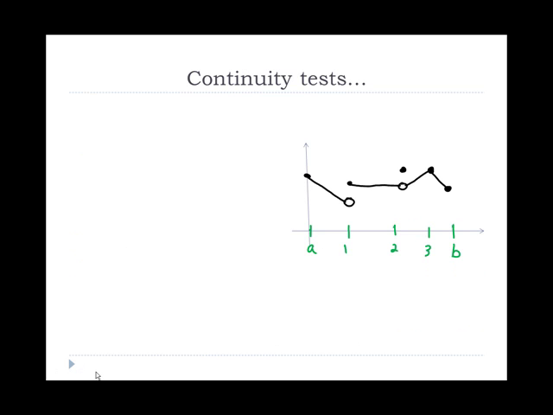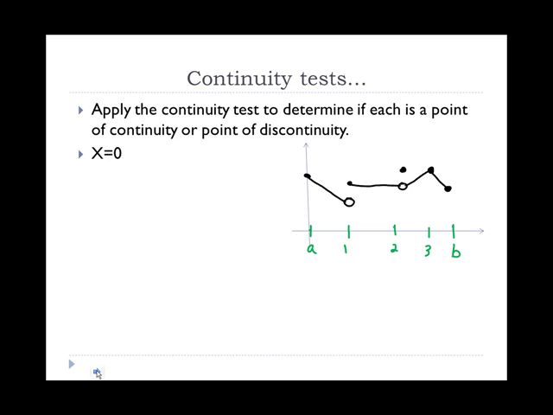Let's take a look at this graph, and let's talk about the continuity at these different points. So maybe even consider pausing this and you decide whether it's continuous or not at each of these areas, and be prepared to say why. Okay, so at x equals 0, so as x approaches 0, which is here at a, that is at an endpoint, so we only have to do a one-direction test.